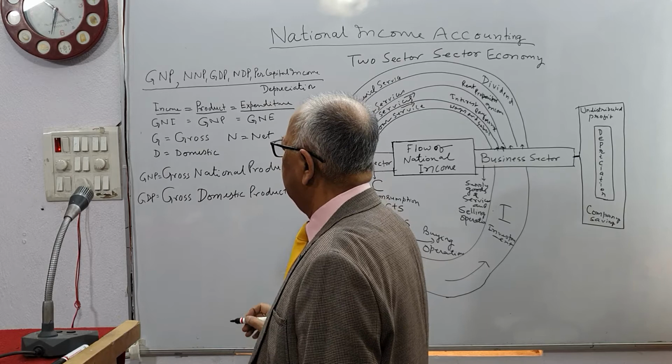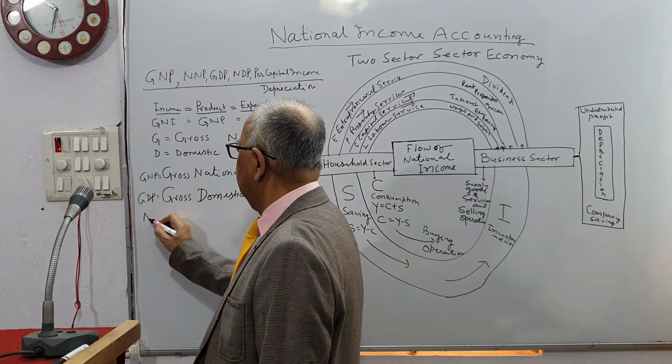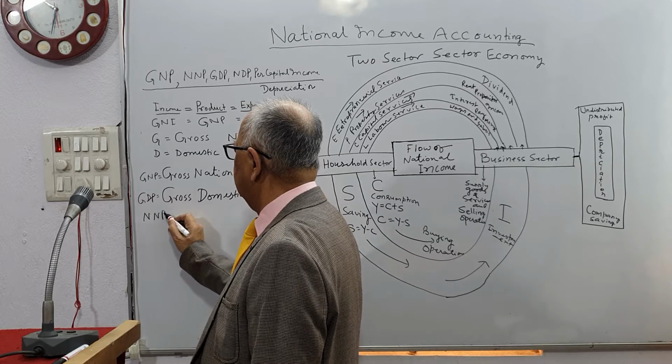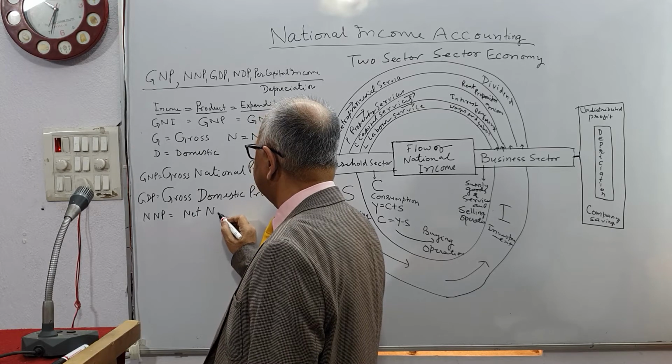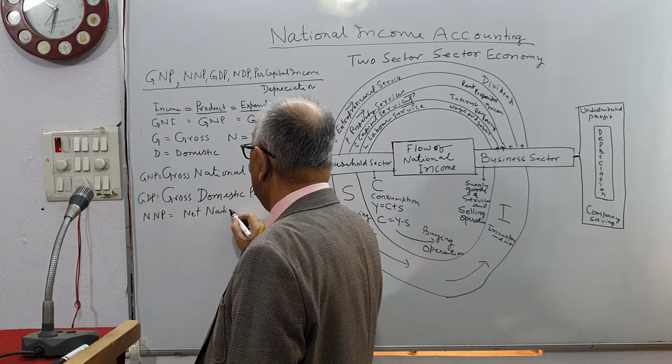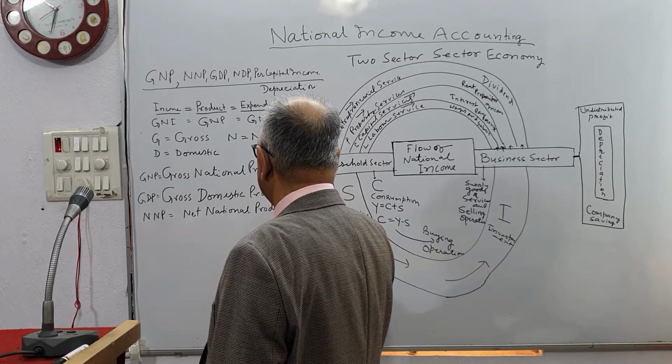We remove G and write N. It means NNP. NNP means net national product.